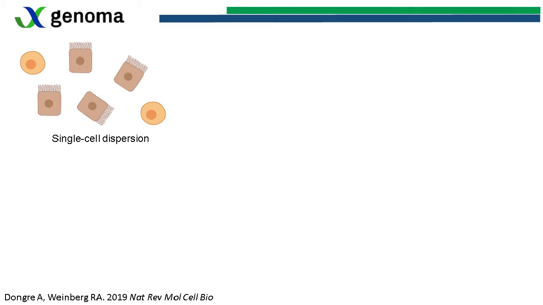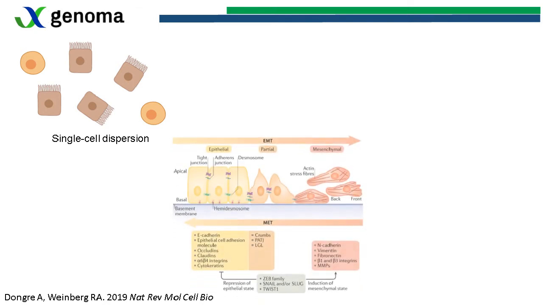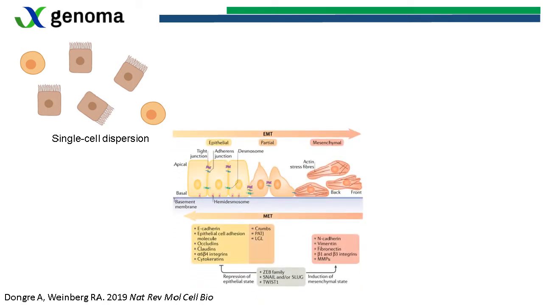However, importantly, the hepatocytes, which are the most important liver parenchymal cells, are epithelial cells. And as we all know, epithelial cells like to stay in close contact with each other. If they don't, they could undergo what we call epithelial-mesenchymal transition.